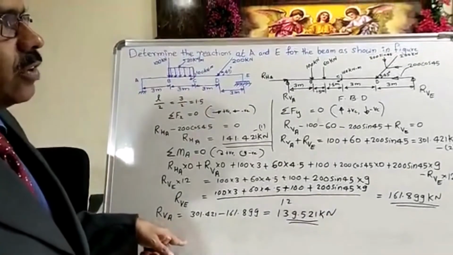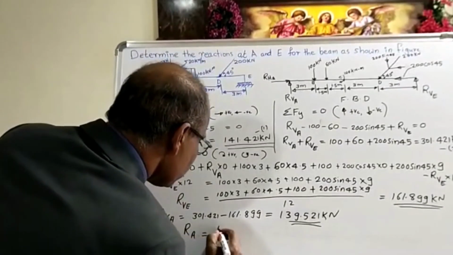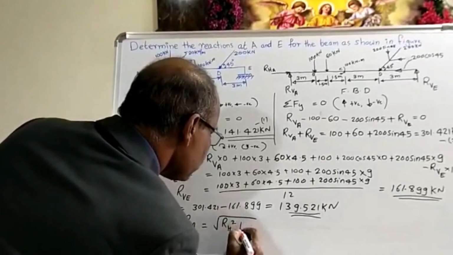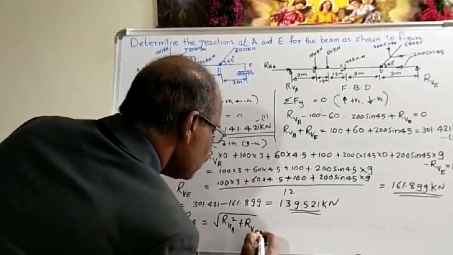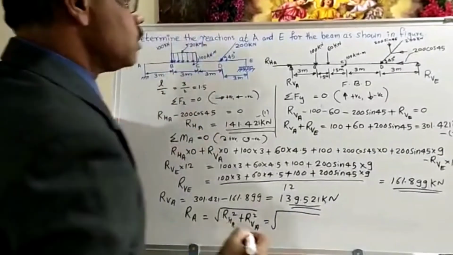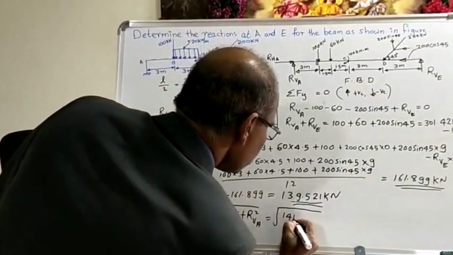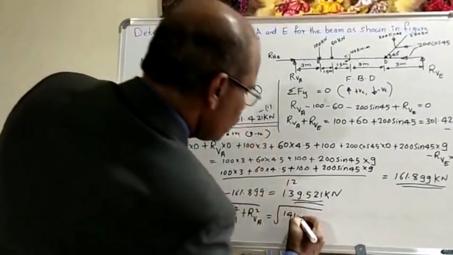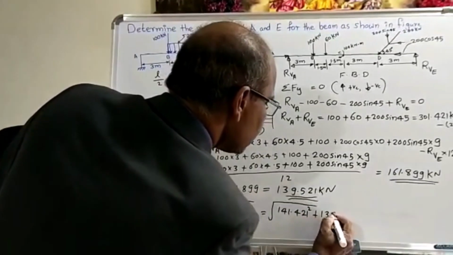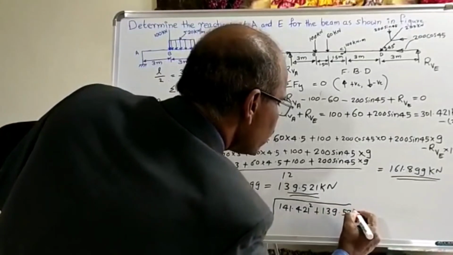Now we can find out RA. RA is equal to square root of RHA square plus RVA square. That is square root of 141.421 square plus 139.521 square.